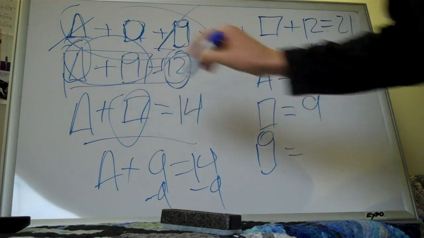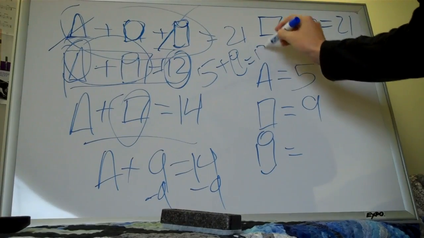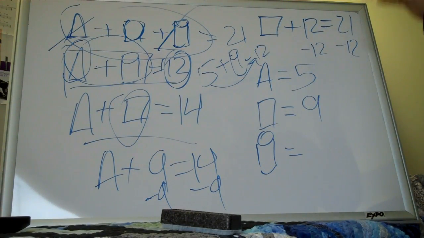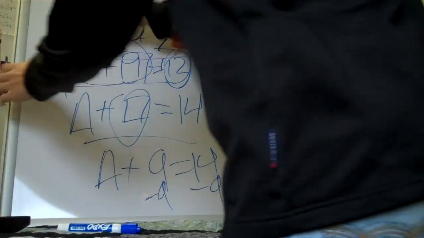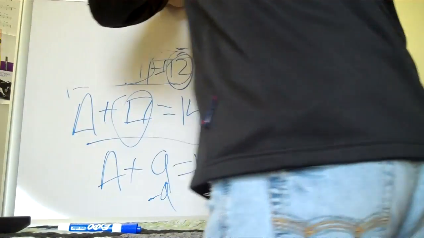So I'm just going to do this one. 5 plus cylinder is equal to 12. Subtract the 5 and you get 7. So your answers are 5, 9, and 7 for each of the shapes. That's called substitution in algebra. Let me erase this.